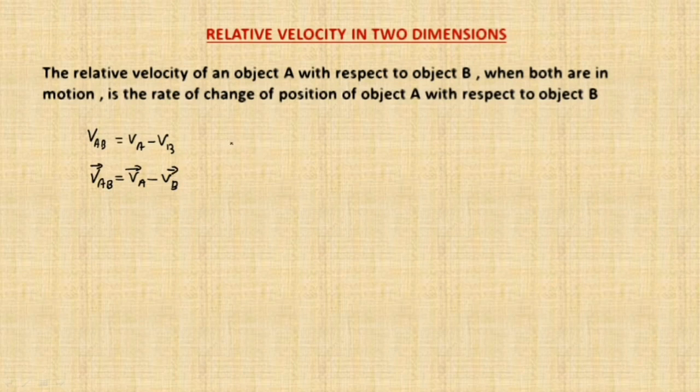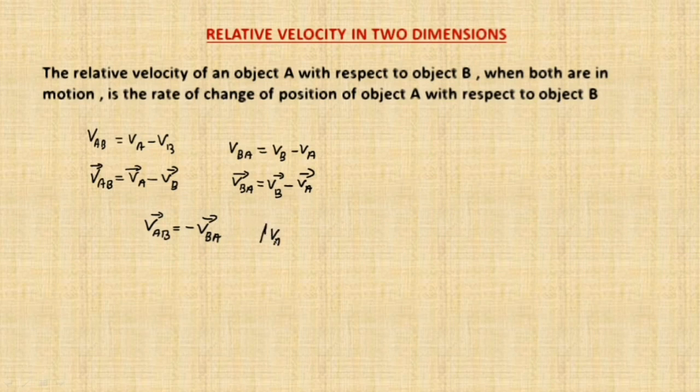Same way, the relative velocity of B with respect to A, VBA, we can write as VB minus VA. In terms of vectors, VBA vector is equal to VB vector minus VA vector. From these two equations, we can prove that VAB vector is equal to minus VBA vector.